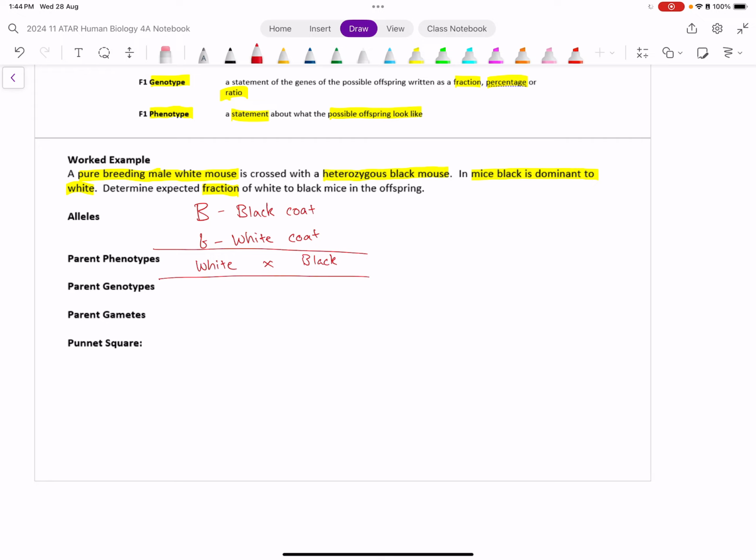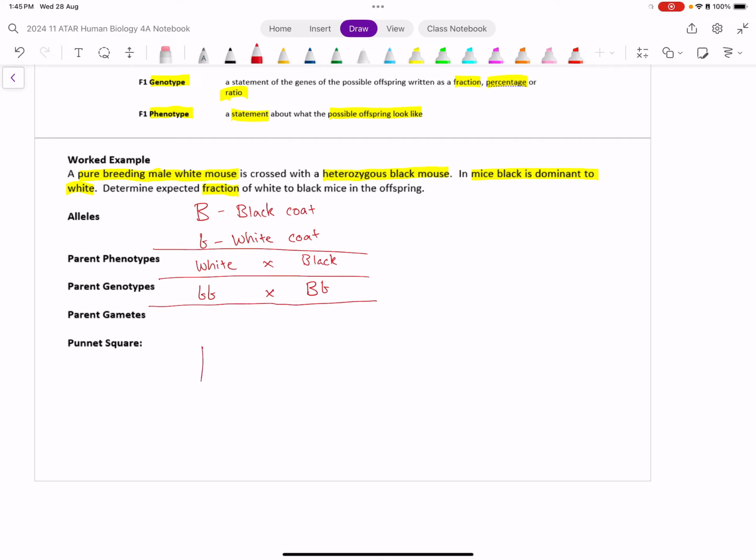And if we know that white is little b, we are going to write our homozygous white mouse as little b little b, or homozygous recessive. Our black mouse, on the other hand, we've been told is heterozygous, so they have our dominant allele and our recessive allele. They have a copy of both versions of this characteristic.